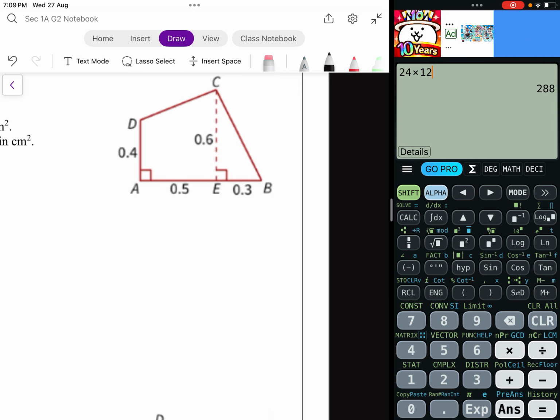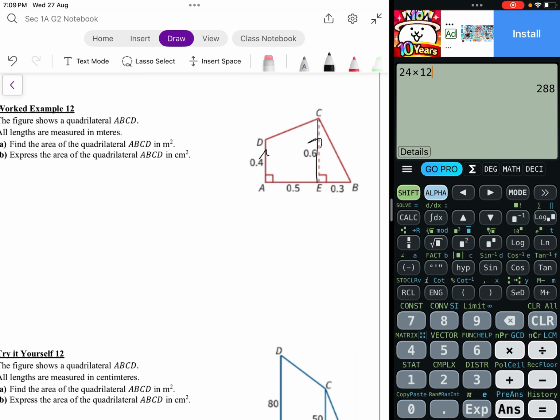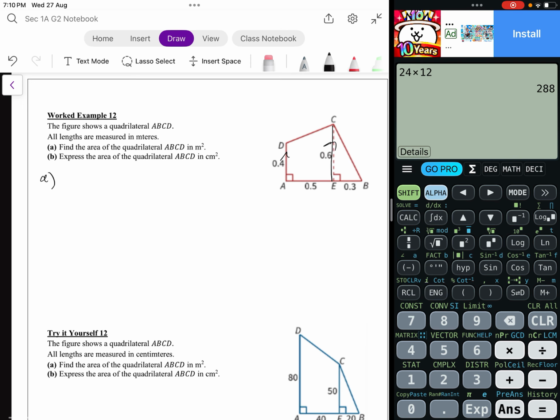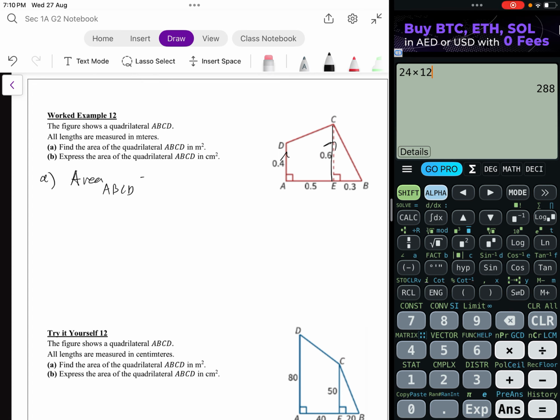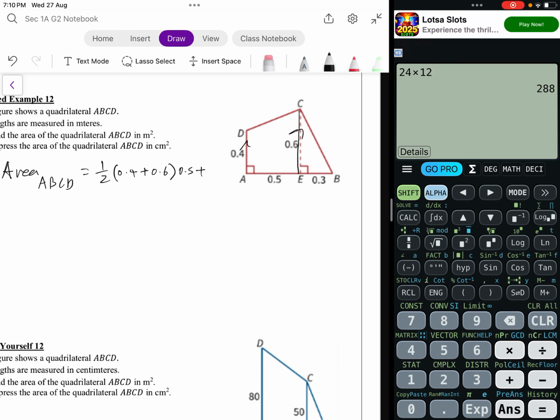You notice that there are two shapes here. One is a triangle, the other is a trapezium, and these are the two parallel lengths. If I want to find the area of trapezium, we will have half times 0.4 plus 0.6, times 0.5, plus area of triangle, half times 0.3 times 0.6. Not enough space here.